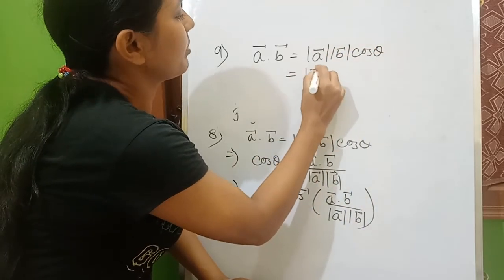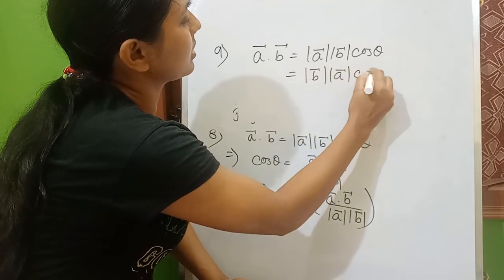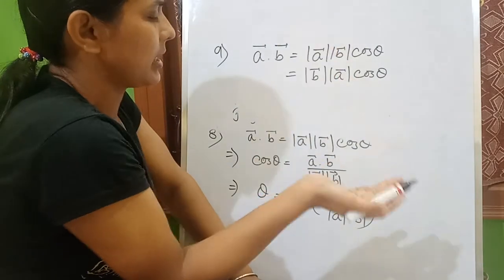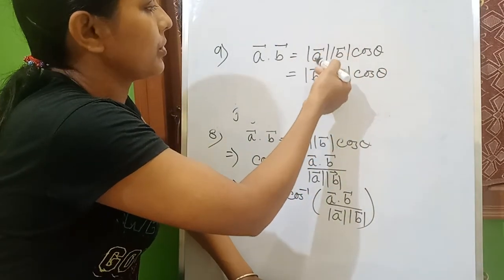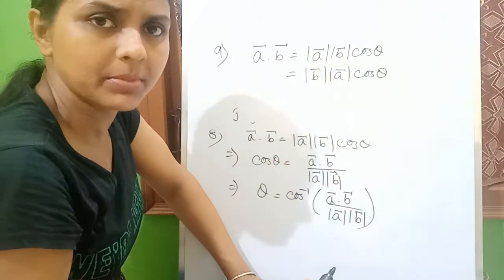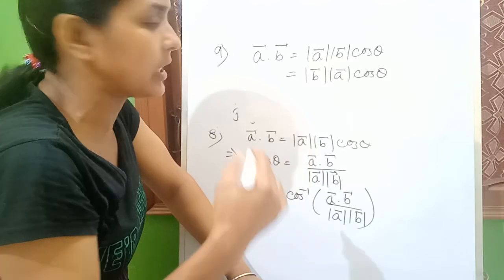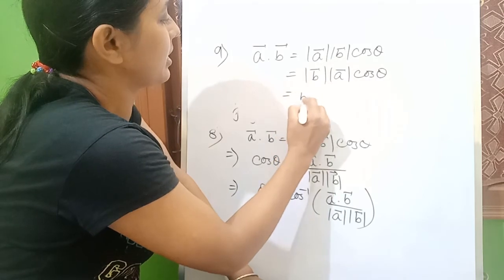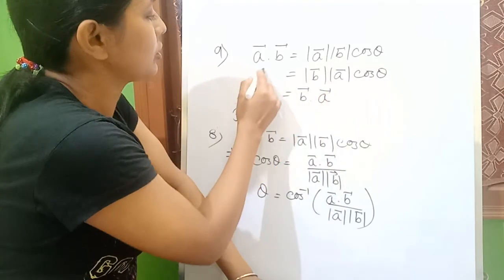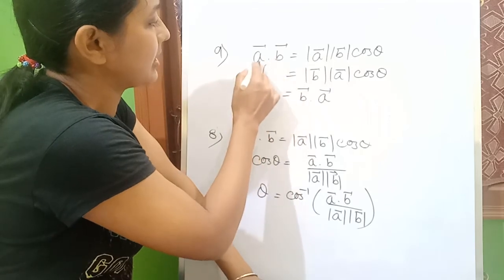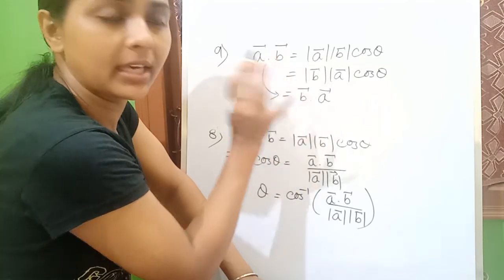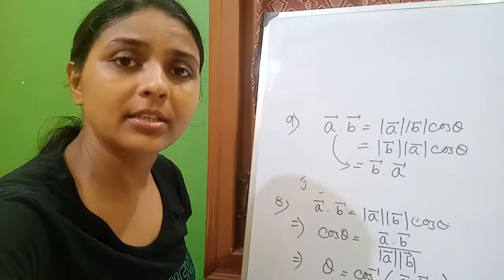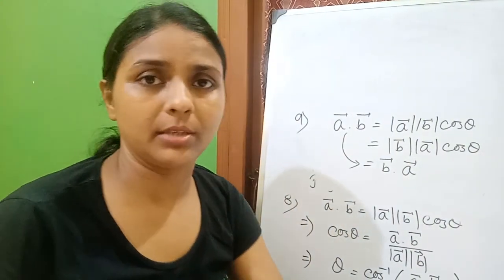Somebody can write mod B mod A cos theta, because mod A and mod B are real numbers, and multiplication in the real number set is commutative, so we can write mod B into mod A. From this we can write B dot A vector. So ultimately we get A vector dot B vector is equal to B vector dot A vector. So we can say that dot product is commutative.